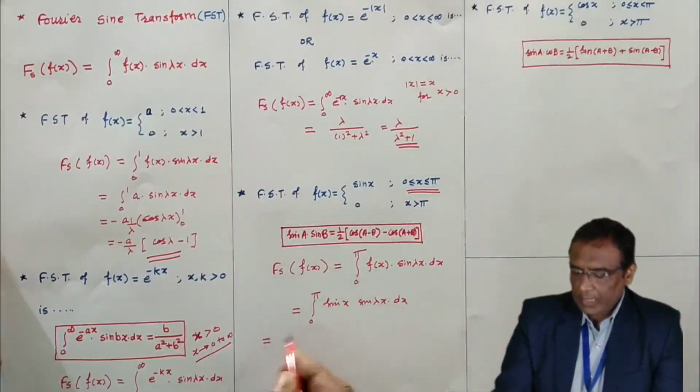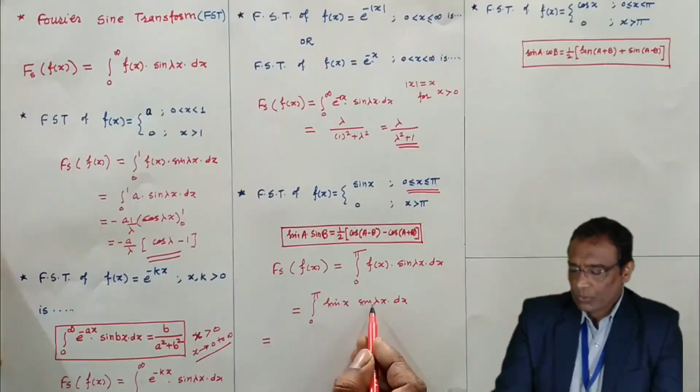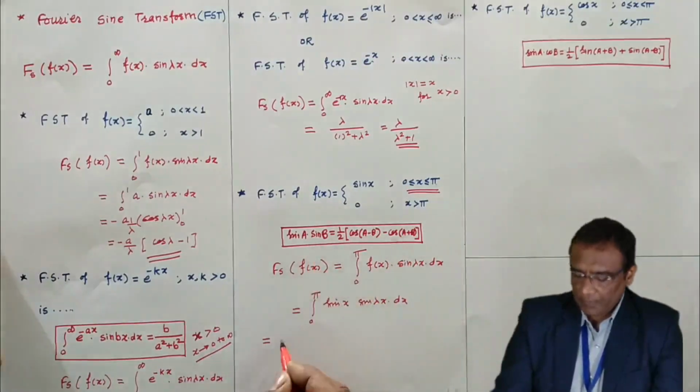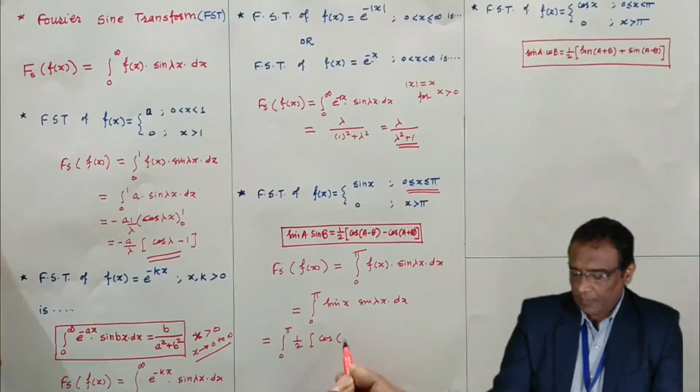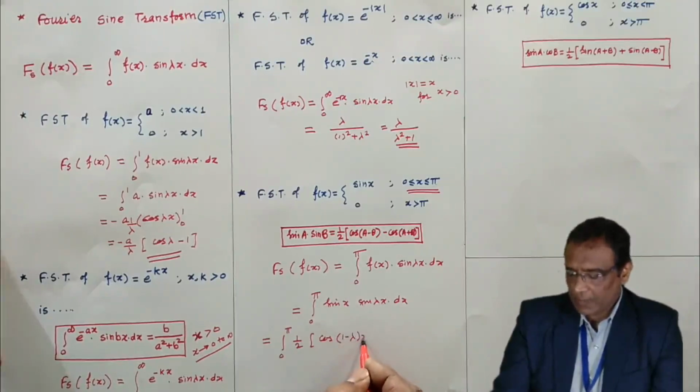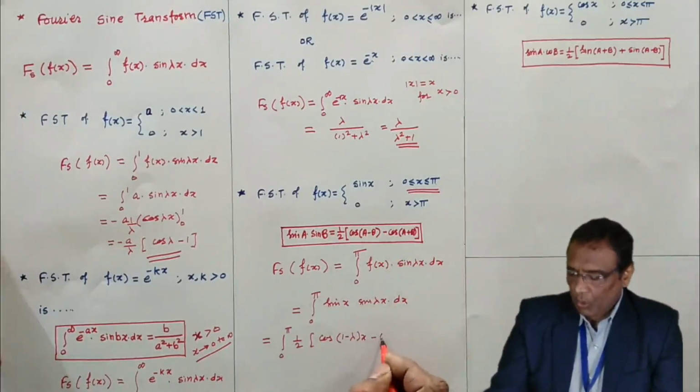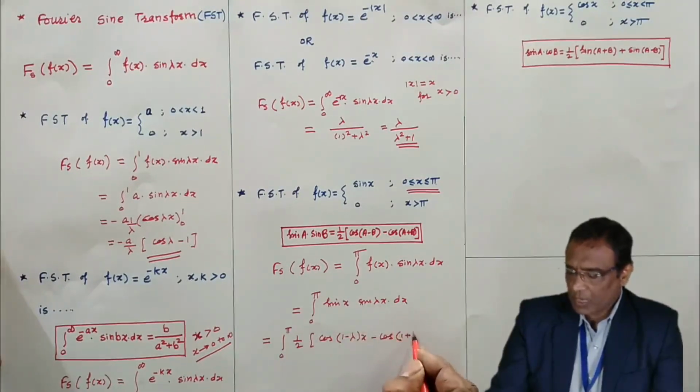Now integrate it. The sin a sin b formula I have written here: I am directly writing 1 by 2 cos of (a minus b), that is cos of (x minus lambda x), minus cos of (a plus b), that is cos of (x plus lambda x).